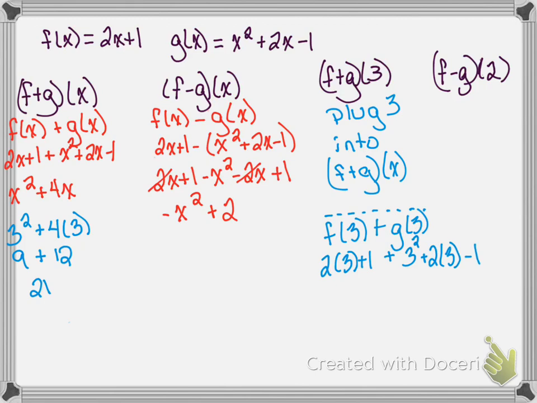And now I simplify. 2 times 3 is 6 plus 1, plus 9 plus 6 minus 1. 6 plus 1 is 7, plus 9 is 16, plus 6 is 22, minus 1 is 21.